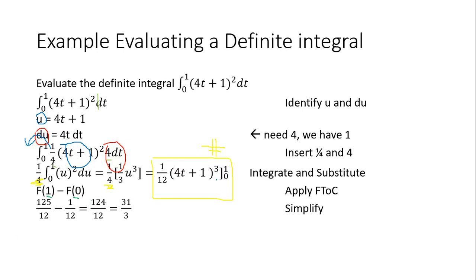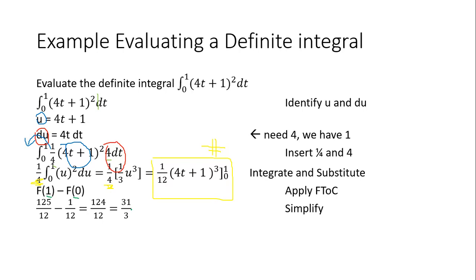Minus 1/12, because I plug in 0. 4 times 0 is 0. 0 plus 1 is 1. 1 cubed is 1. 1/4 times 1/3 is 1/12. 125 over 12 minus 1/12 is 124 over 12, which is equal to 31 over 3.